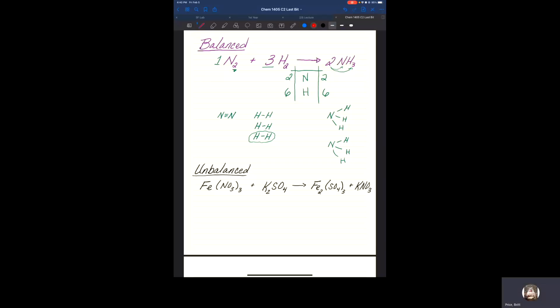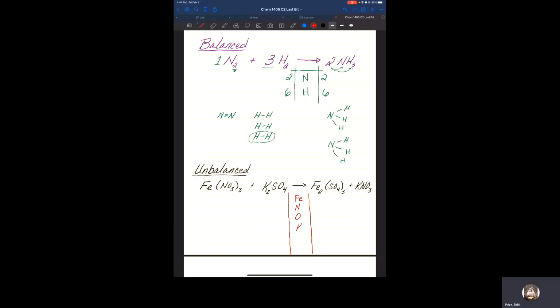Same as we did before, make a list of all of the elements that are present. And to do this, I'm just going to walk us through the elements on the reactant side. So I have Fe, N, K, whoops, just go in order.